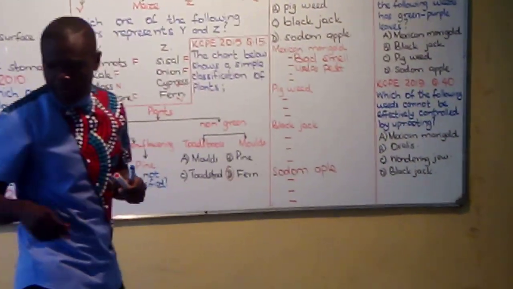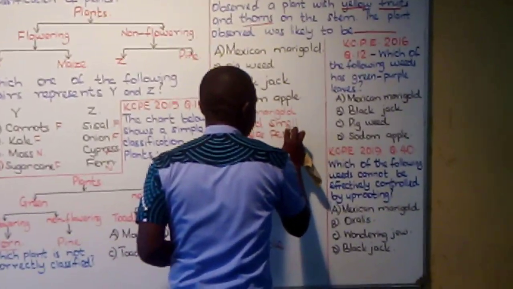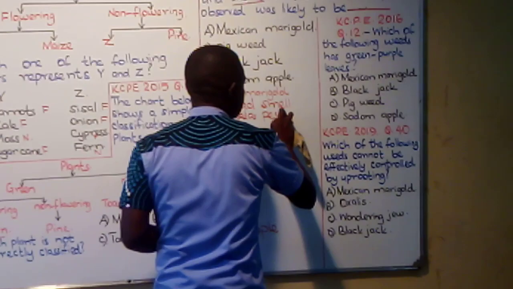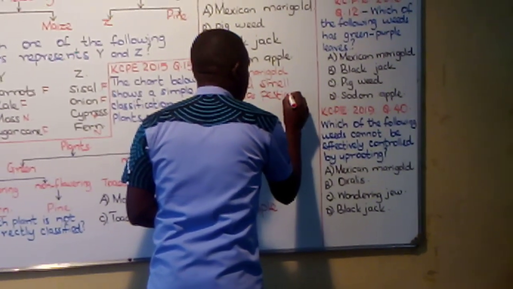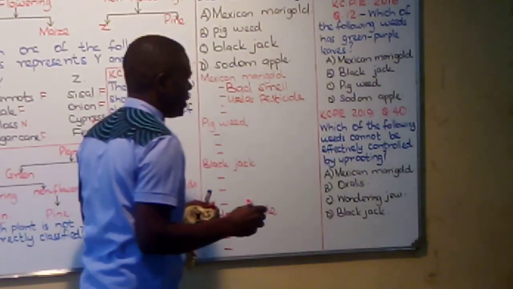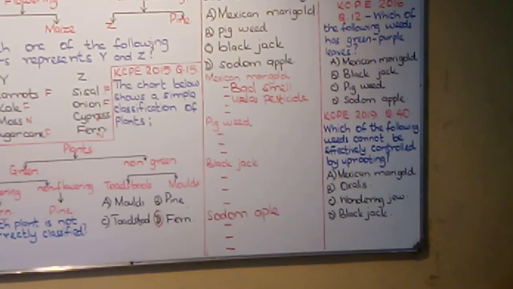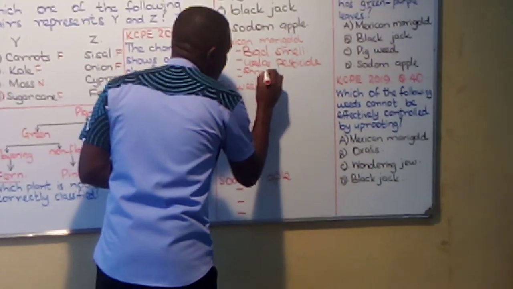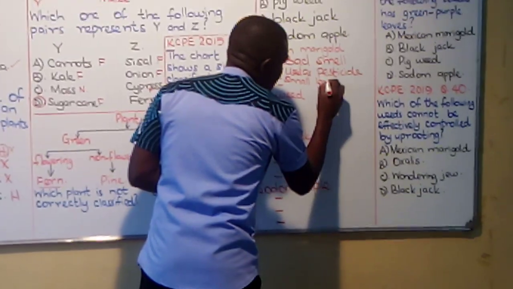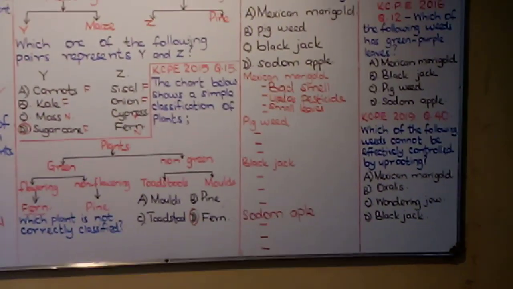Sorry, let me write it well. Pesticide. Used as a pesticide to control pests. Yes, it has small leaves. What else do we know about Mexican marigold?